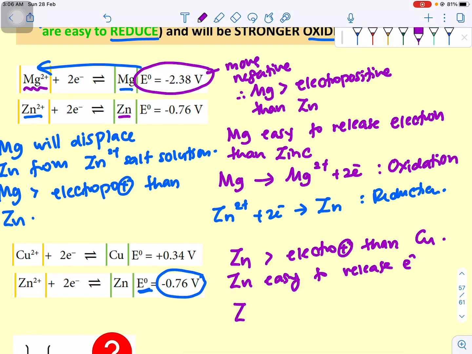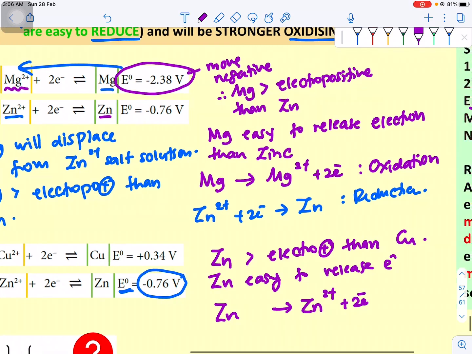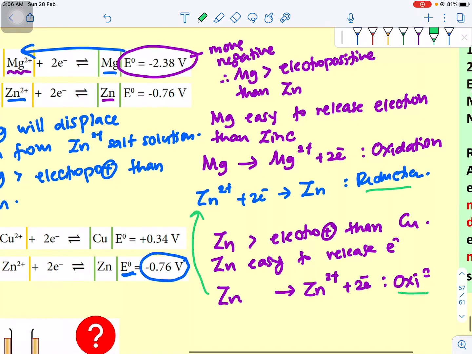Okay, so Zn akan bertukar menjadi Zn2+ + 2e. Okay, dan kali ni Zn berlakunya oxidation. Kalau compare dengan yang atas tadi, Zn berlaku reduction. Kali ni Zn berlaku oxidation. Kenapa? Sebab E° Zn lebih negatif daripada Cu.